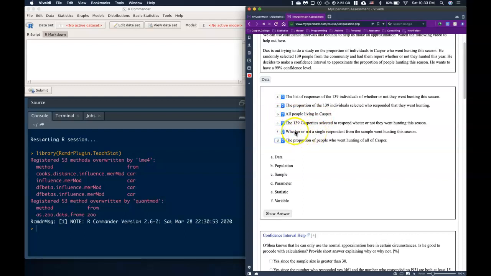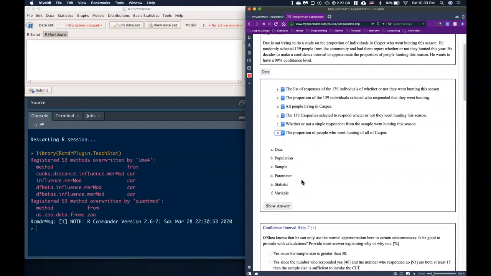The sample is some subset of that population. The parameter is the truth about the population that we're trying to estimate. The statistic is our point estimate of that population parameter that we got from our sample, our data is the list of all the data that we collected, and the variable is the specific question that we asked.